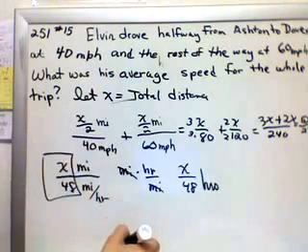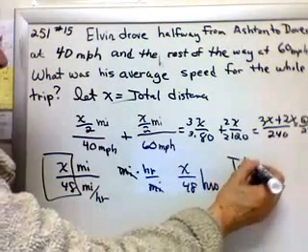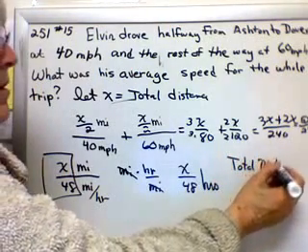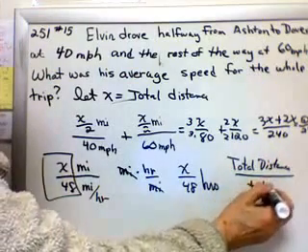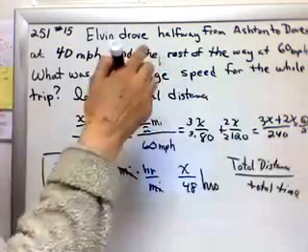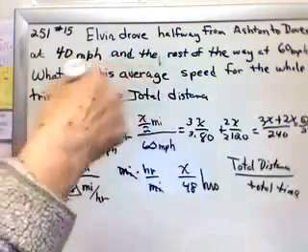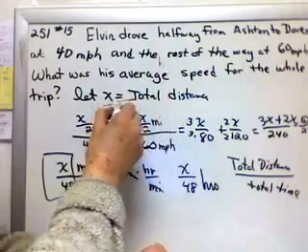So to find the average, you would do total distance over total time. But the total time was not just adding some simple things up here. So total distance, what did we say the total distance was?